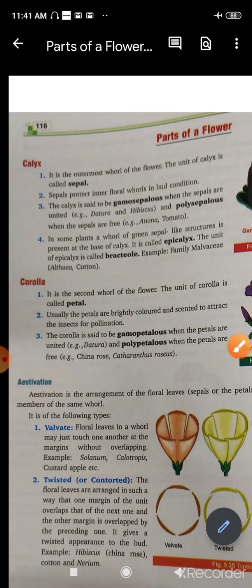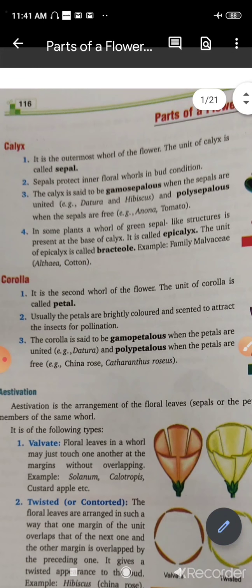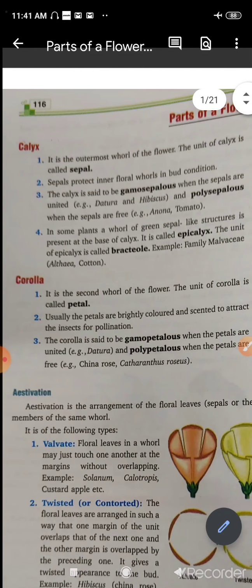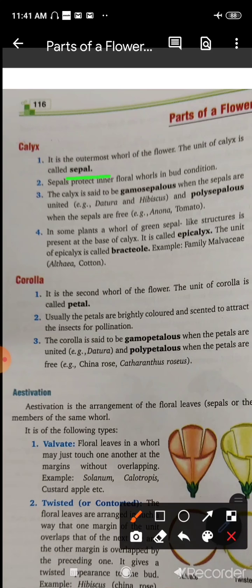So calyx is the outermost whorl of the flower, and each unit of the calyx is called a sepal.